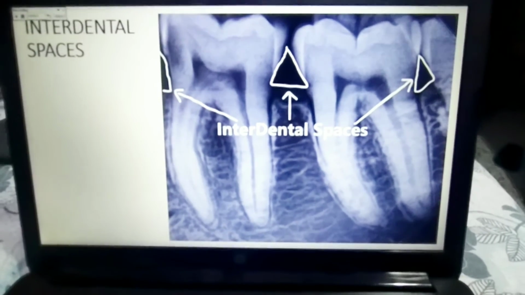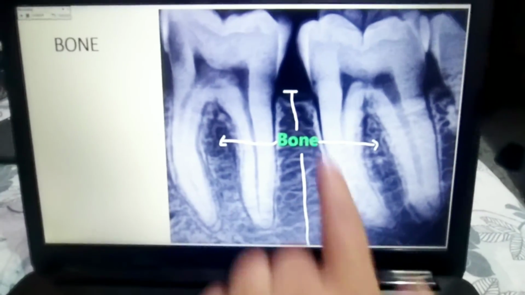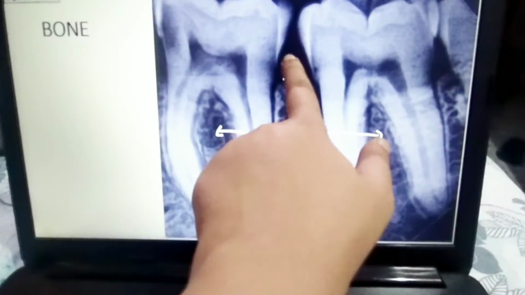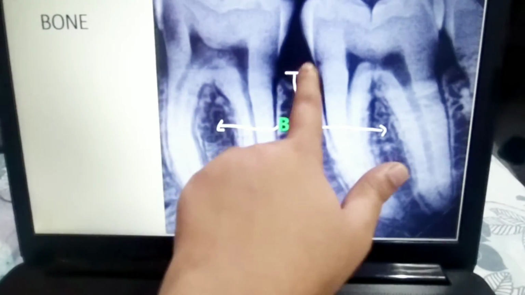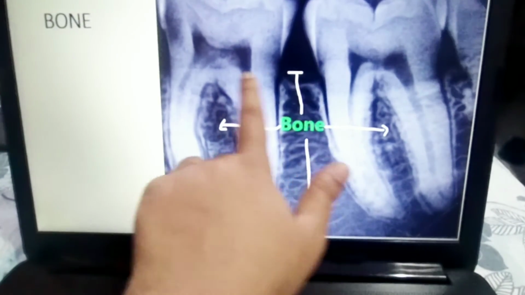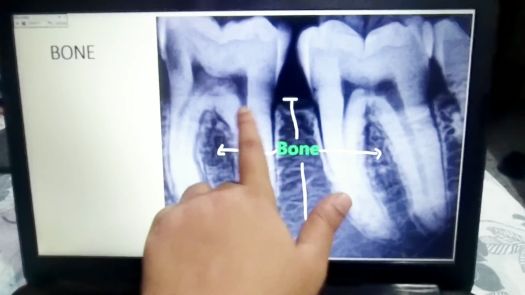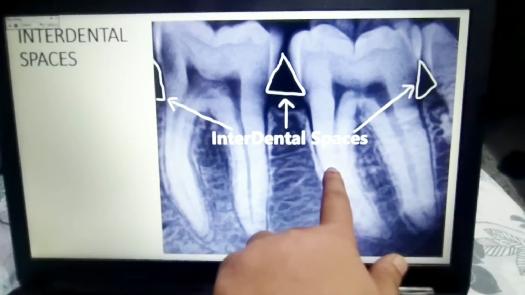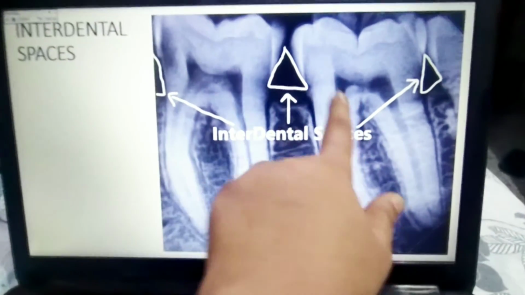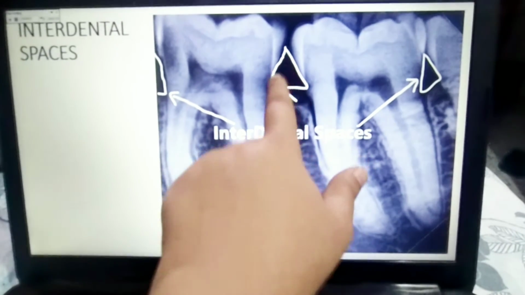Then if you look over here, these spaces are not cavities, remember. This is a hollow space, and it is naturally present in between your two teeth. These areas are called interdental spaces, meaning in between your two teeth you have a space.